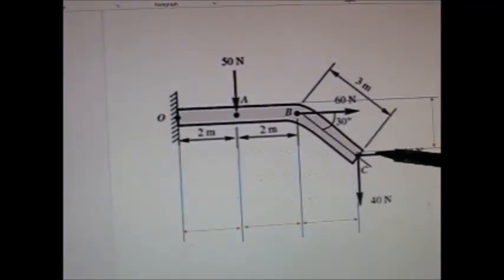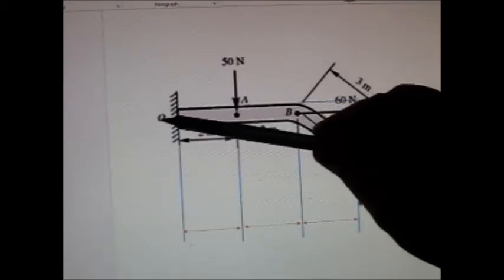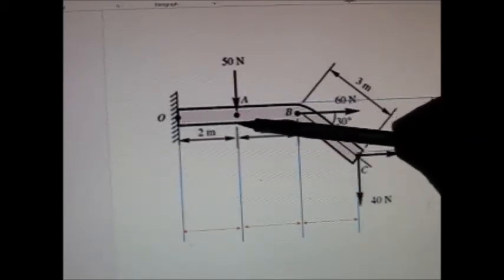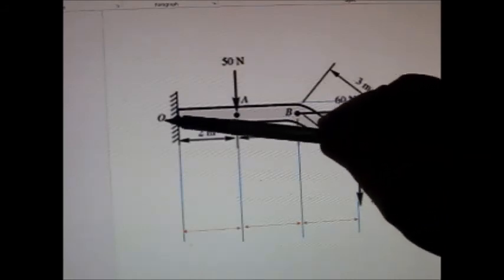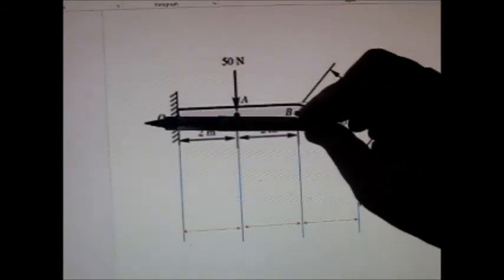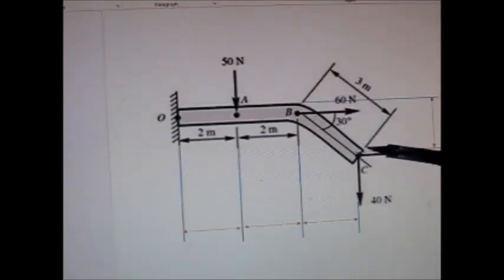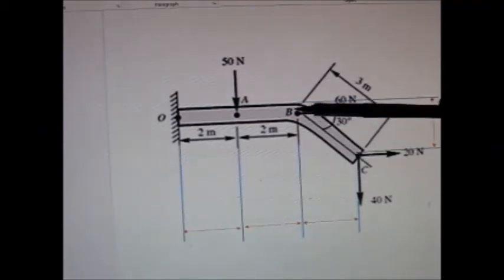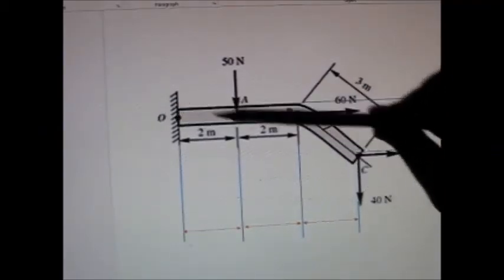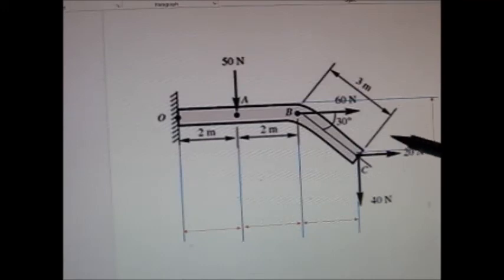So you see that the force 20 has the distance 1.5 from point A and 1.5 from point O, because OA is parallel with 20. Even about point B, the distance is the same, because these are parallel. Okay, so it's 20 times 1.5.